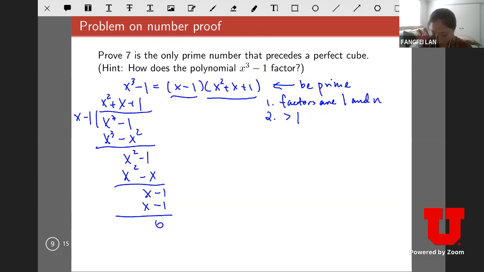So what are the two possible cases? Either x minus 1 is 1, or x squared plus x plus 1 is 1. One of these two cases has to be true, right?